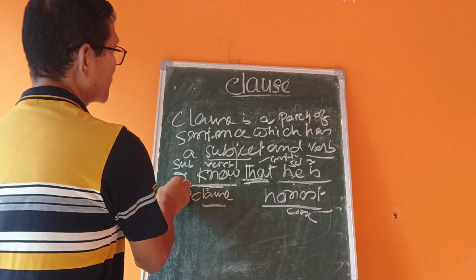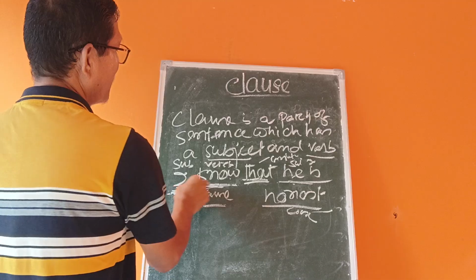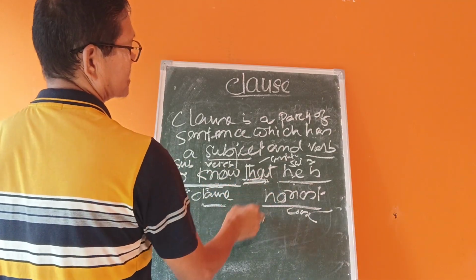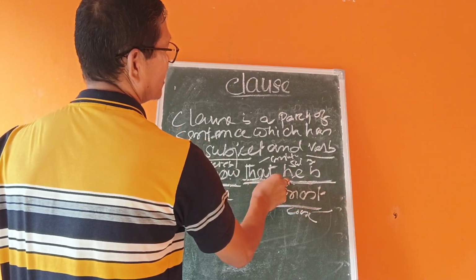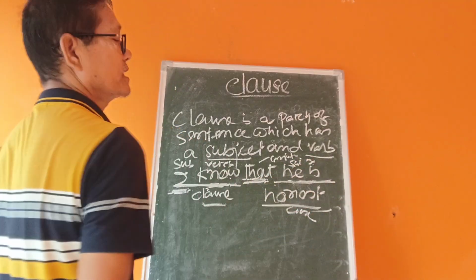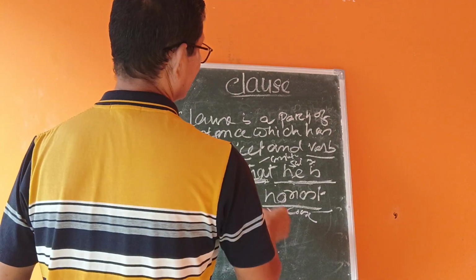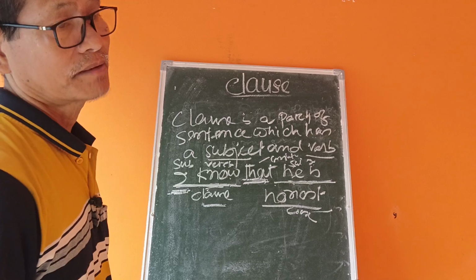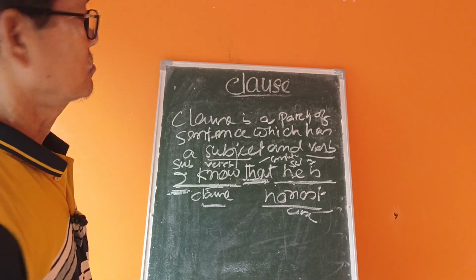Now come to the point. I know. Repeat again. I is a subject, and know is a verb. That's why it makes one clause, and that is a conjunction. It connects the two clauses, isn't it? Subject and verb make one clause. And another thing you have to know: in a sentence there may be one clause or two clauses or three clauses, isn't it?